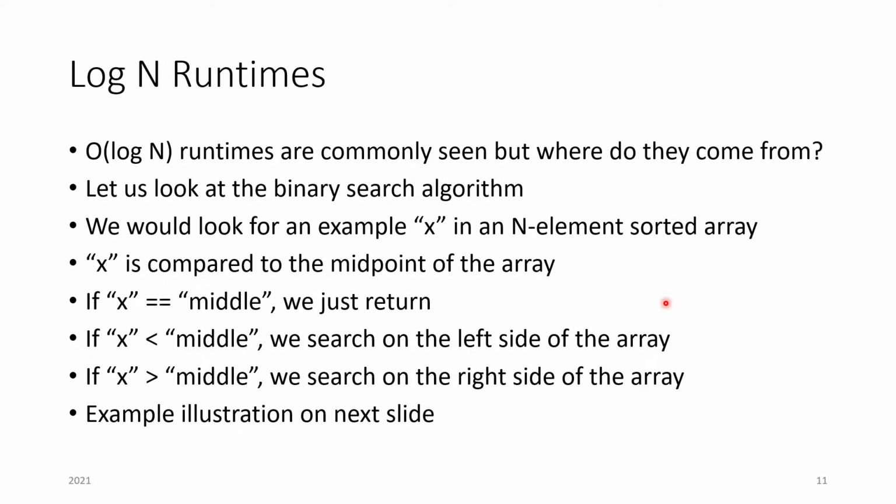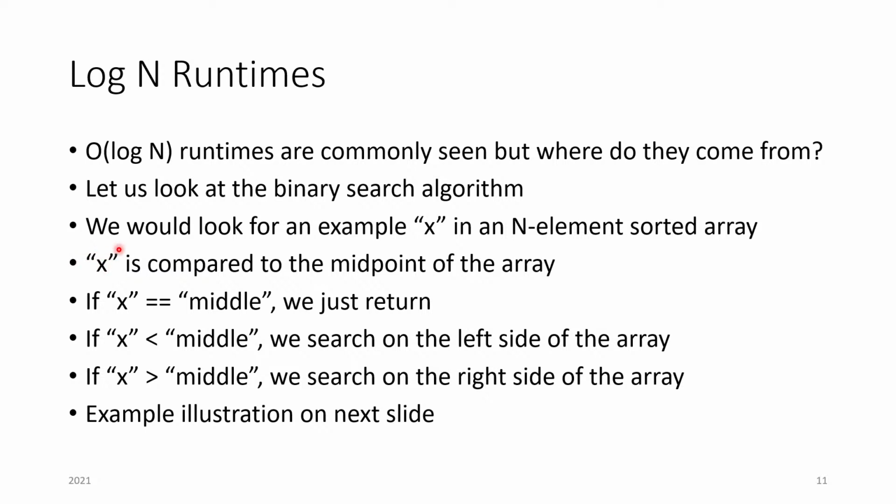Now, we also saw that there was an order of log of n. But where does this order come from? This order basically comes from what we refer to as the binary search algorithm. So with binary search, we're looking for an x value in some n elements that are sorted. Remember, the array here is already sorted.